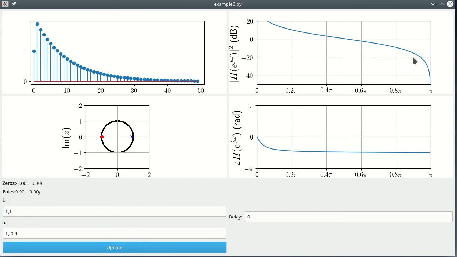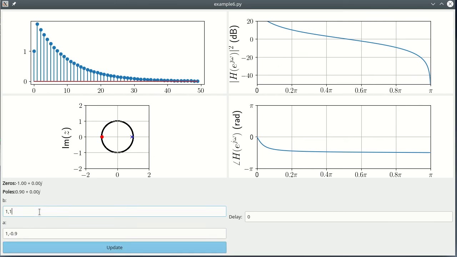The 0 at minus 1 causes the response to go to 0 at pi, and this is the impulse response that we end up getting. Notice that it's actually a power n u n plus a power n minus 1 u of n minus 1. That is what causes this.